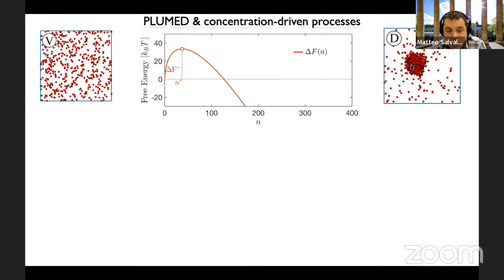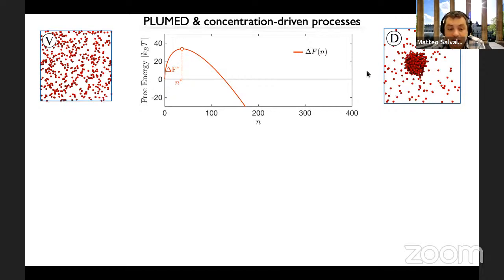Now, in macroscopic terms, when we think about this problem, we have a well-established language to discuss this type of transition, and it happens by essentially evolving along some reaction coordinate, overcoming a free energy barrier, which leads to the formation of the stable state, in this case a droplet.